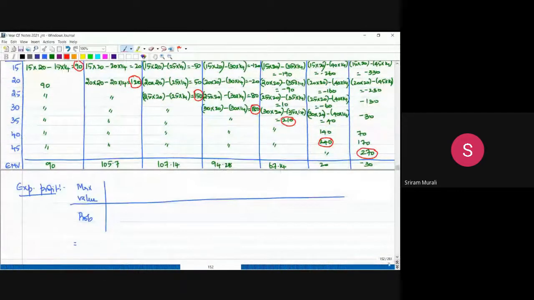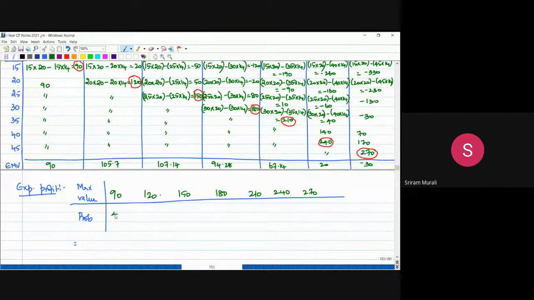So what is the maximum value? This is 90. The maximum value will be 90, 120. I mean this 120, 150. This is how we found expected profit. 180, 210.